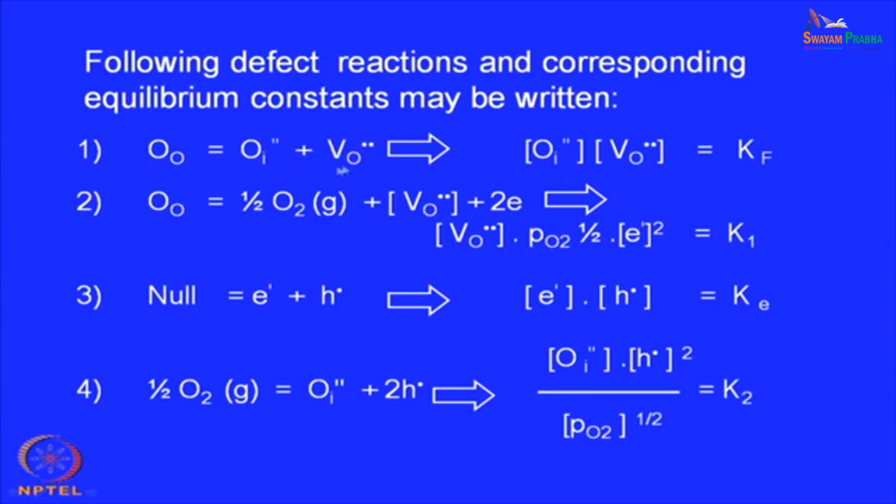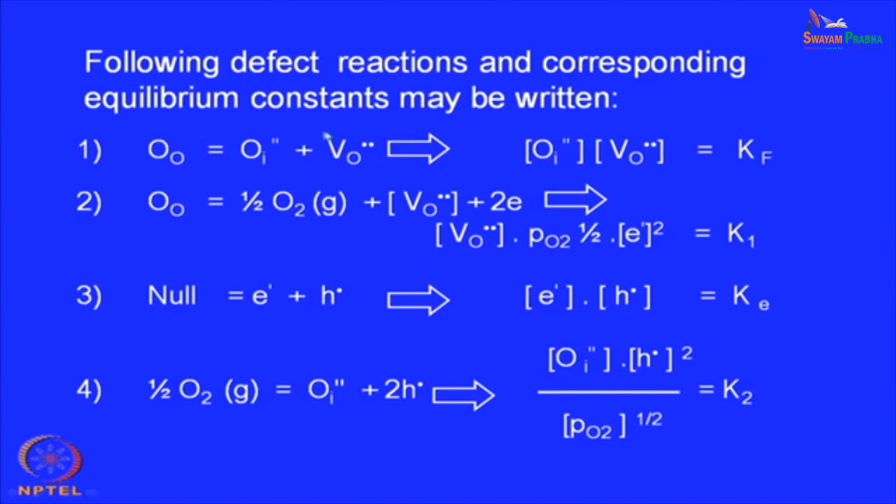So this is one kind of equilibrium: oxygen at a lattice site can go to an oxygen interstitial site, and once it leaves the lattice site, this becomes a vacancy. Physically the mass goes to the interstitial site, and consequently there will be oxygen vacancy.